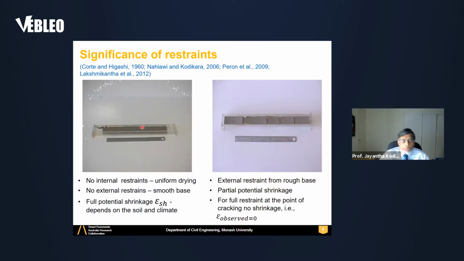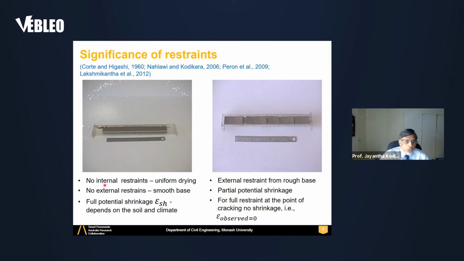Now, the significance of constraints or restraints. On the left-hand side, you see a plastic container filled with wet clay soil. The container sides and base have been greased before placing the soil. Therefore, the soil has shrunk uniformly without any cracks.